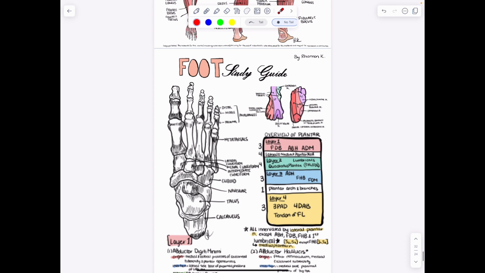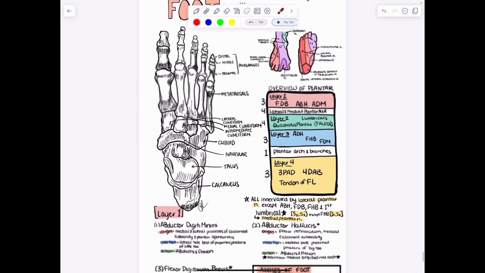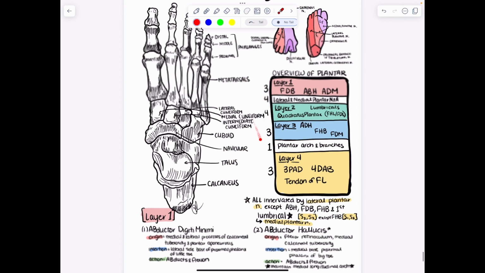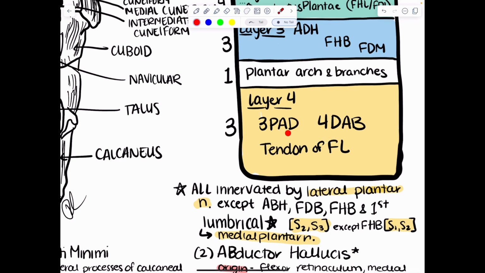Now the foot, I'm not going to look at the cadaver for the feet. We'll look a little bit in lab, but this is the overview. There are 4 layers that make up the different muscles of the feet. Don't worry too much. The main thing, just like with the hand, is we have our interossei. Instead of calling them palmar here, we call them plantar.